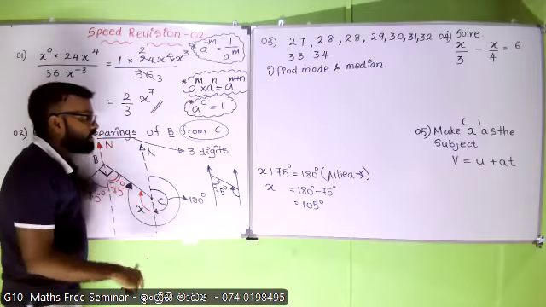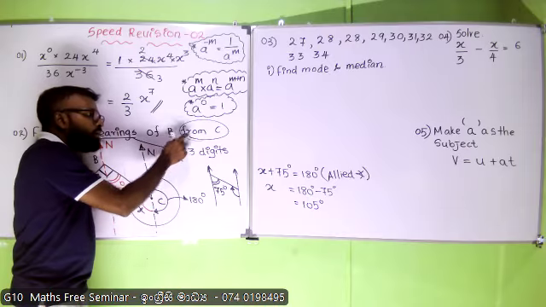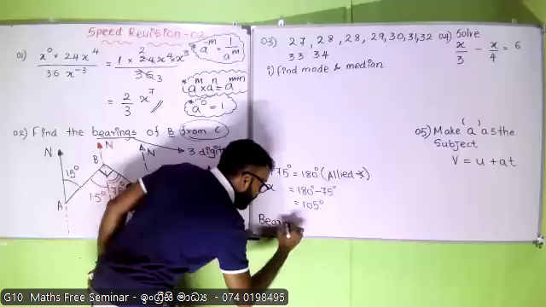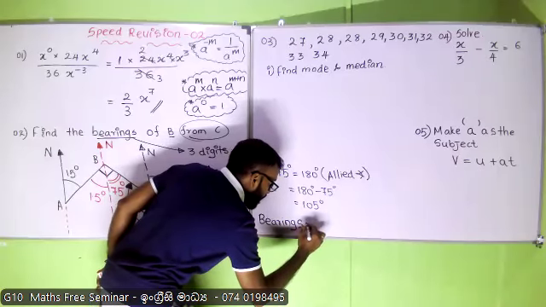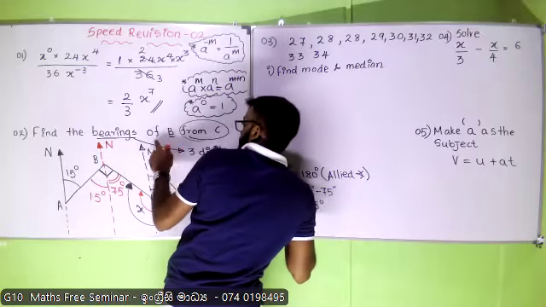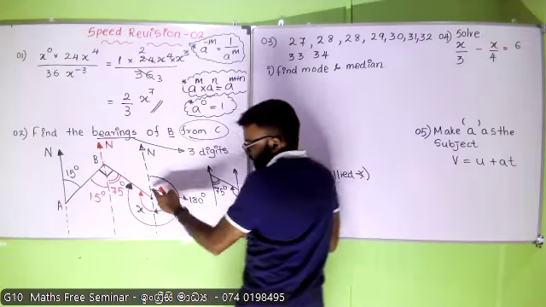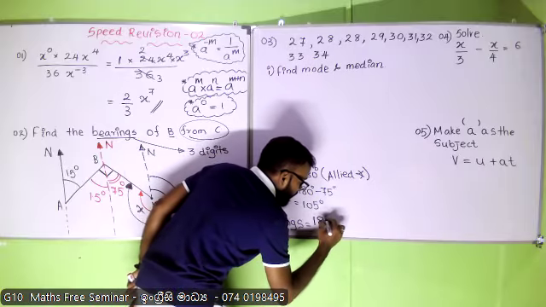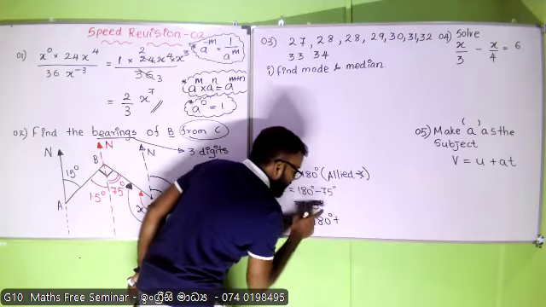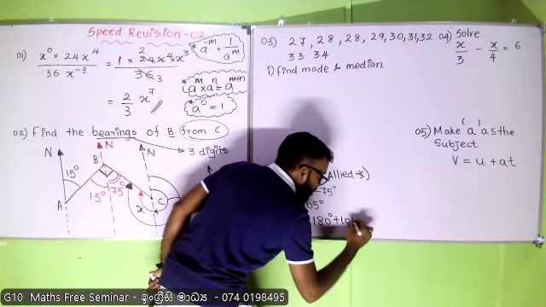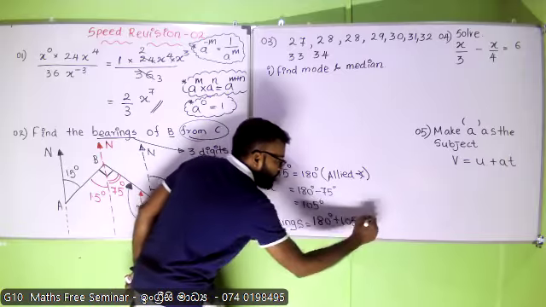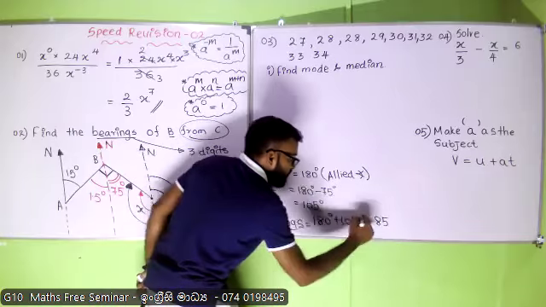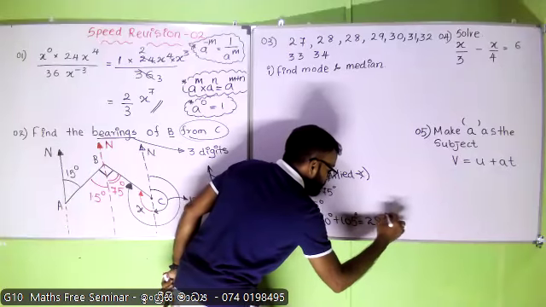So now you can write the bearings of B from C. This is 180 degrees plus x, which means 180 plus 105, giving 285.